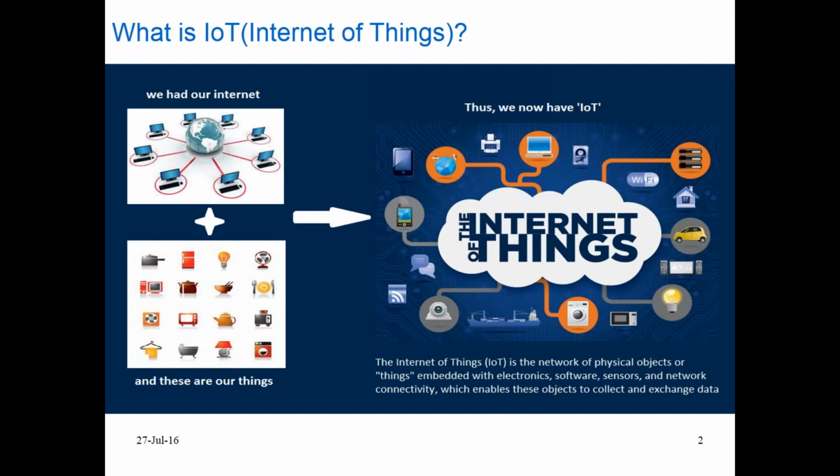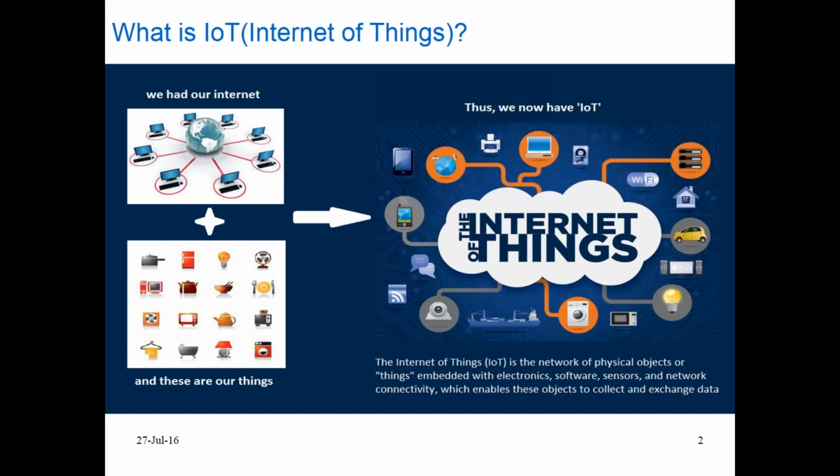As the Internet evolved, people thought about making these things smarter: how to connect these things, share information between them, gather data out of it, and then gather more insight out of it to achieve more out of all the conventional devices. The diagram describes that we had our Internet and we had our things. Connecting the things to our Internet makes Internet of Things.